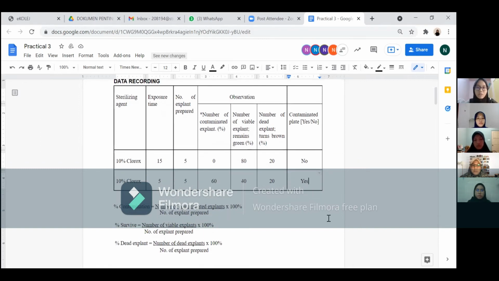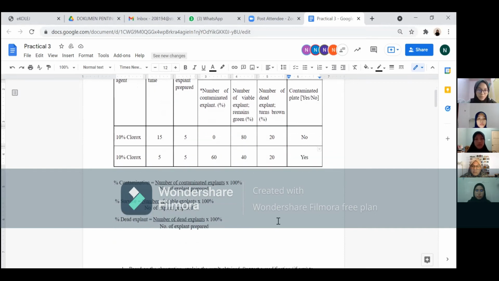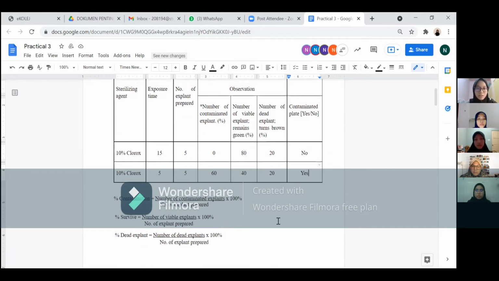So how do I get the percentages such as 0%, 80%, and 20%? To calculate the percentage contamination, the number of contaminated Splen is divided by the number of Splen prepared and then multiplied by 100%.